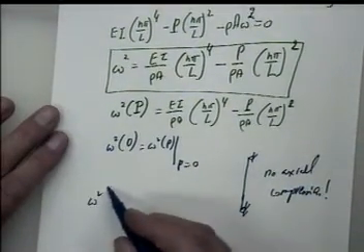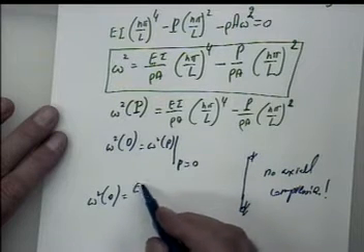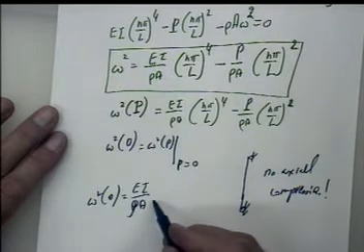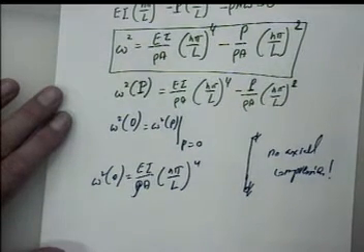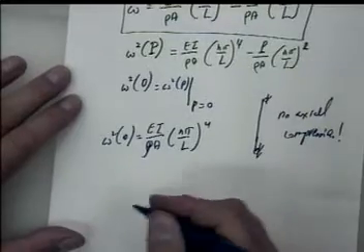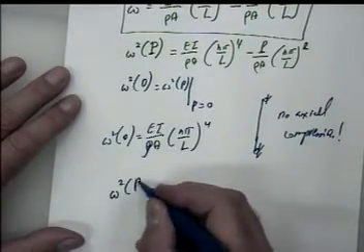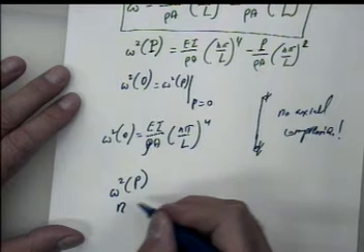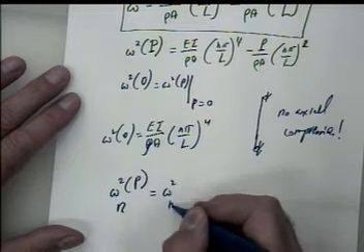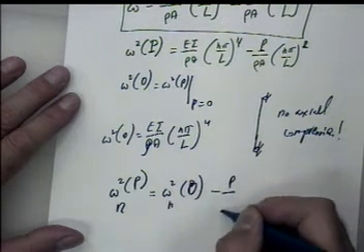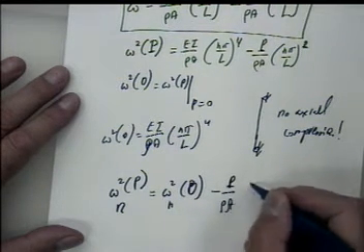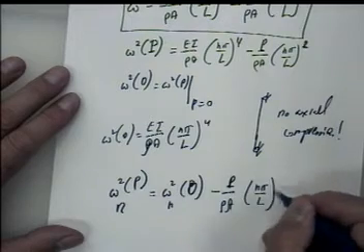So we get omega squared at 0 equals EI over rho A times n pi over L to the fourth power. So we can actually write it down that omega square P, that is actually nth frequency, equals omega square nth frequency at 0 minus P times n pi over L squared over rho A.